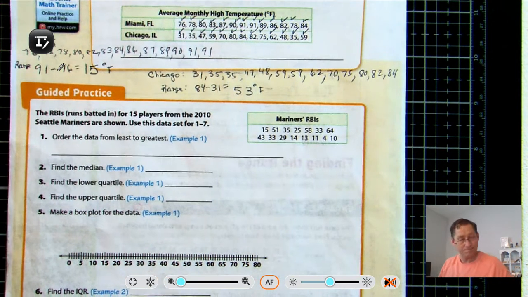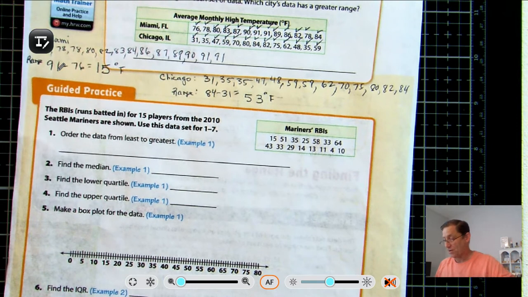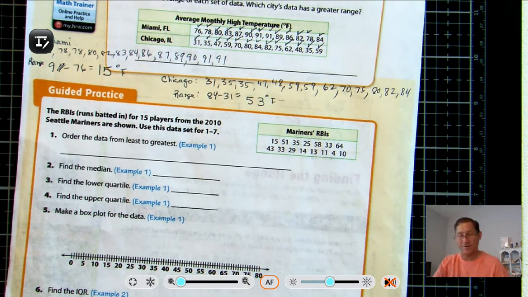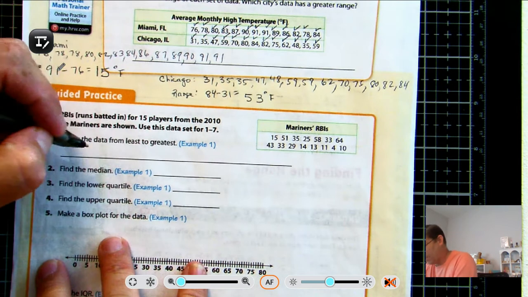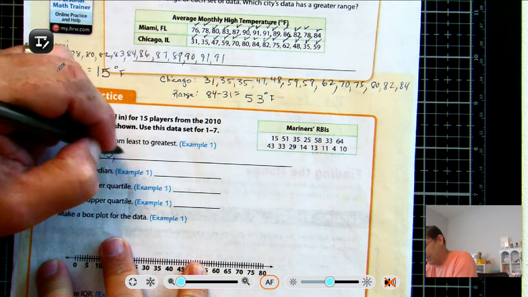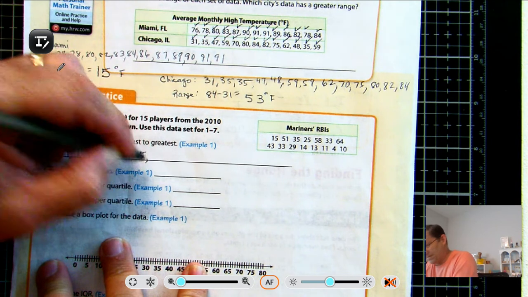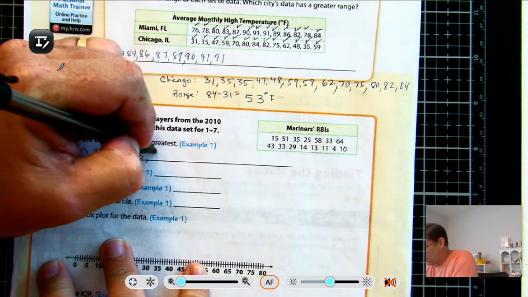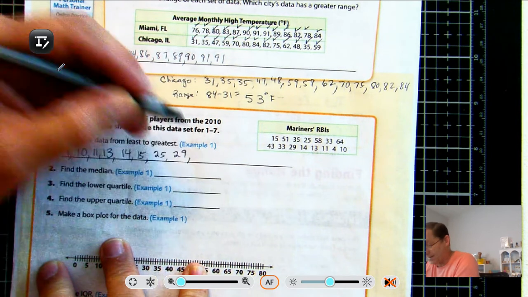All right, number 1. Order the data from least to greatest. Okay, so we have 4, 10, 11, 13, 14, 15, 25, 29.